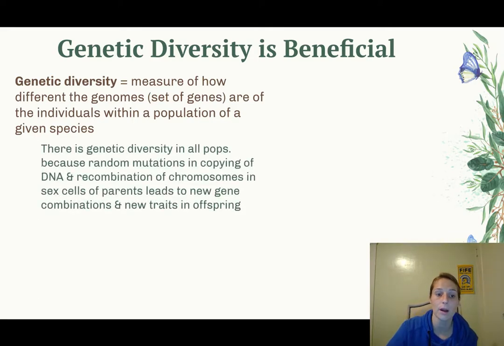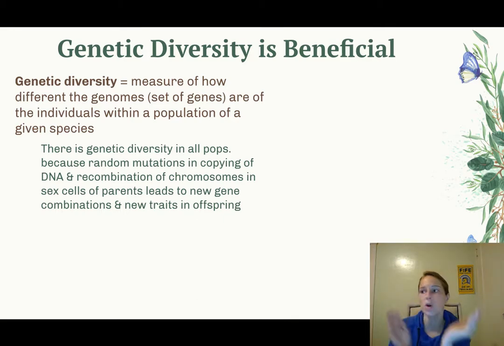So remember, thinking back to your biology classes, you are going to have genetic diversity in all different populations just because of random mutations when DNA is copying, or when you have different sex cells from parents combine, they're going to have different chromosome combinations and crossing over, and different genes represented from the parental DNA that's coming in.